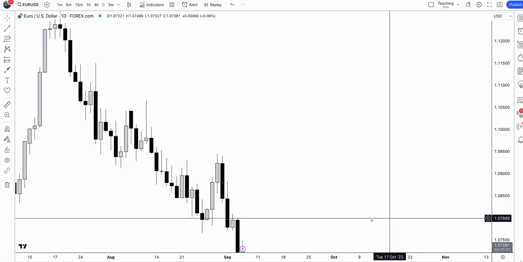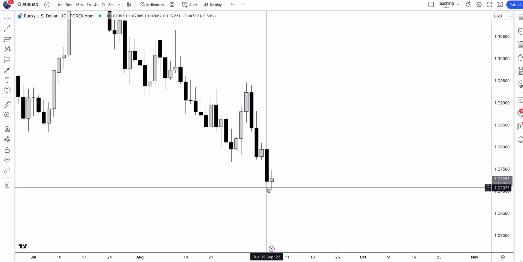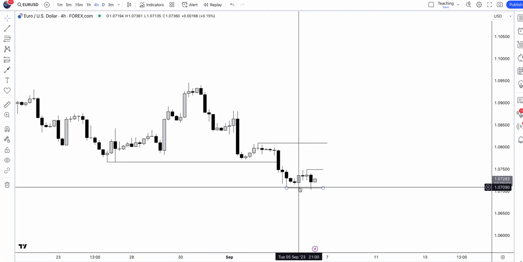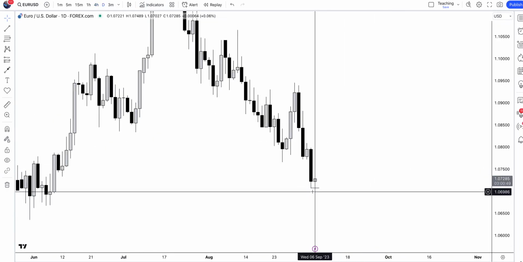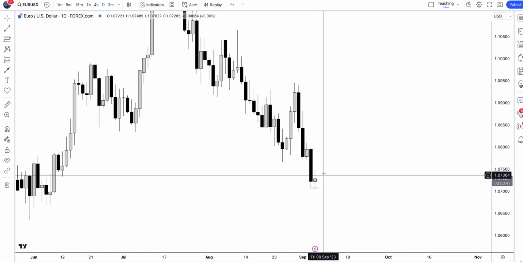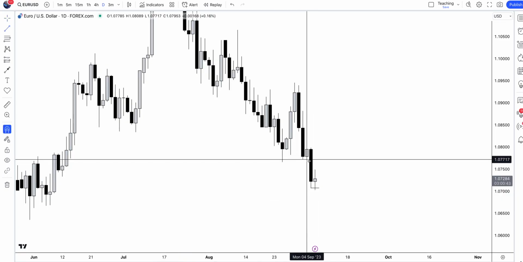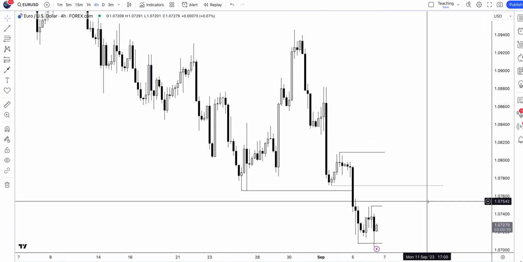So this is what we look like right now on the daily. Look how today we spiked below yesterday's low, right? Which is this guy here. So look how we spiked below that low and we've reversed ever since, right? We have a daily imbalance that we could possibly get reactions off of over there, okay?